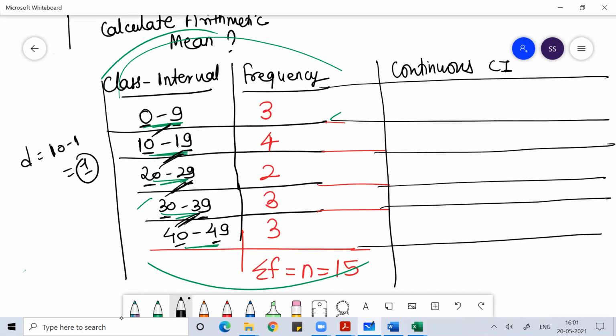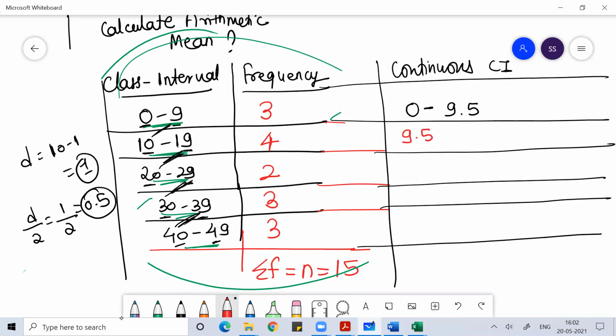Whatever difference you get, find d by 2. That d by 2 you will subtract from the lower limit and add to the upper limit. No point writing a negative 0.5, because we are using day-to-day life examples which cannot be negative, so this will be 0 to 9.5. Add this d by 2 on the upper limit and subtract it from the lower limit.